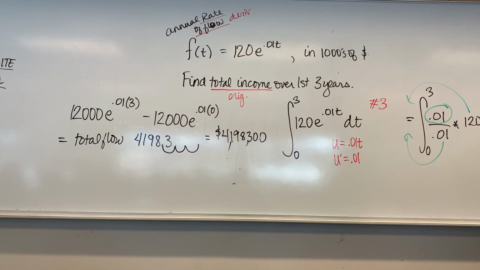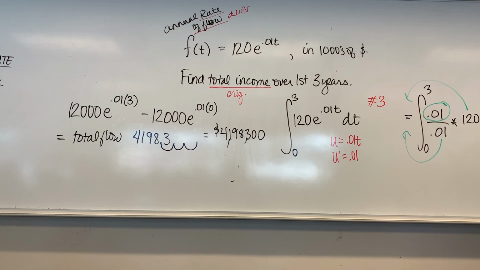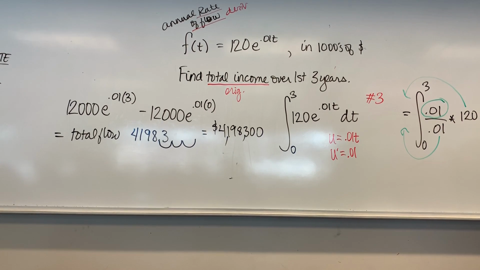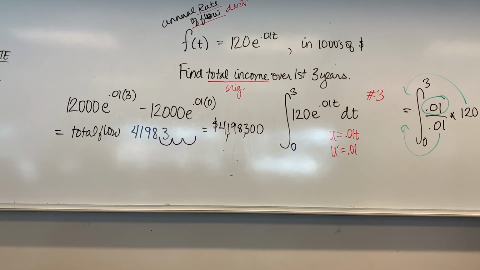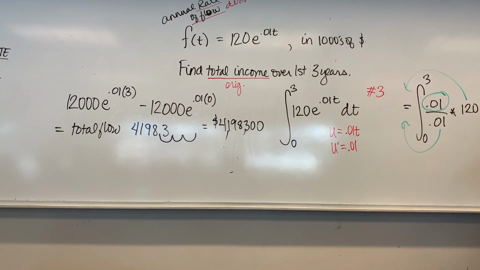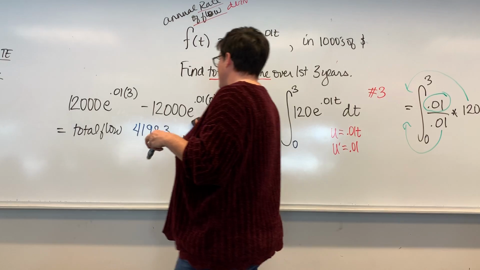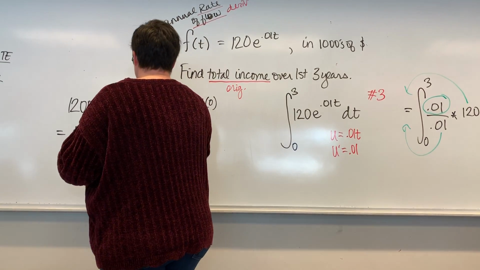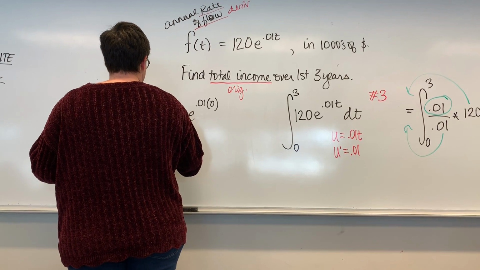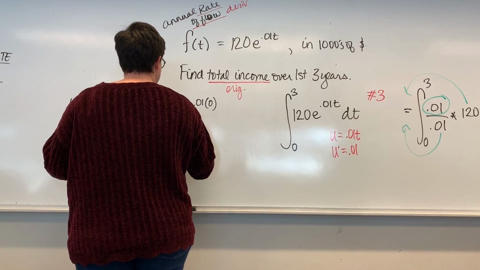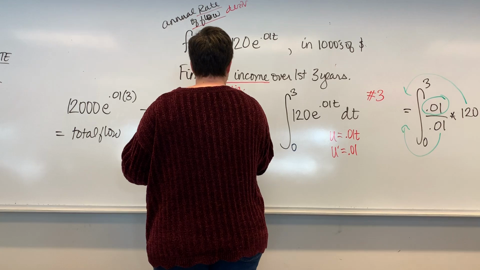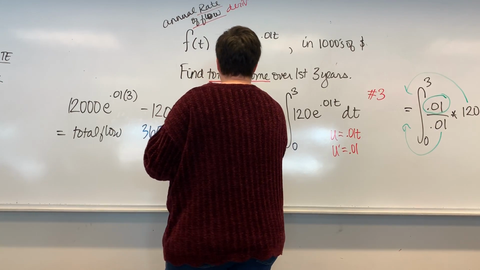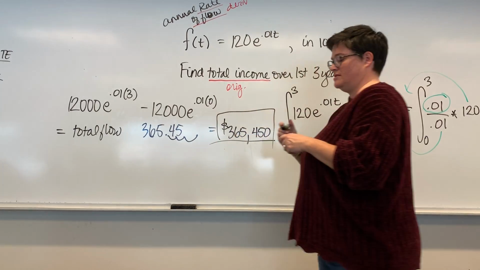No. That's the right answer, 365.45. I was like, that's a little high, but not much, just by a factor of 10. So move that decimal 3 times and you get $365,450 over the first 3 years.